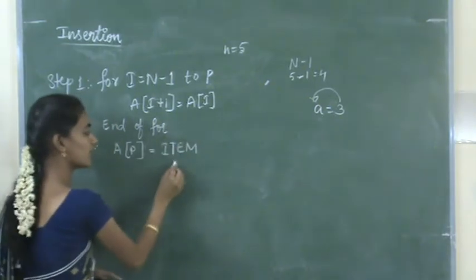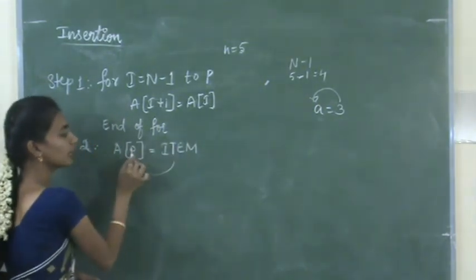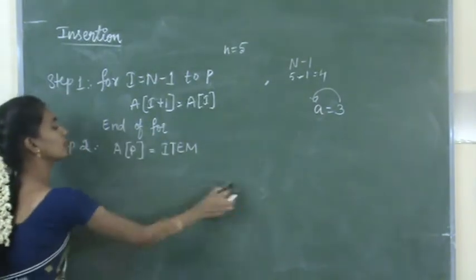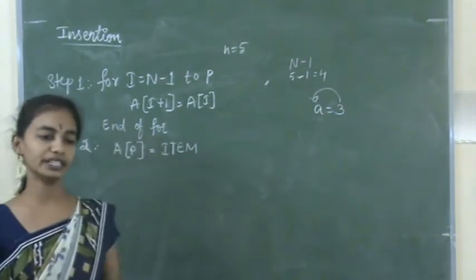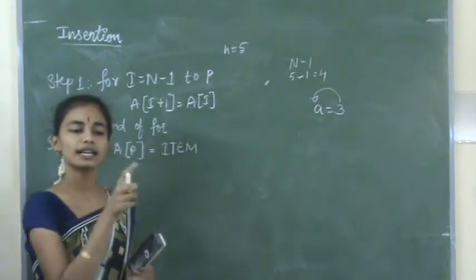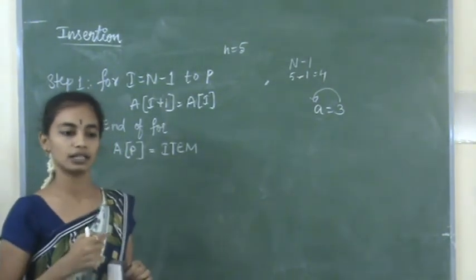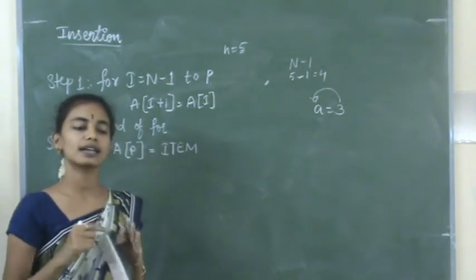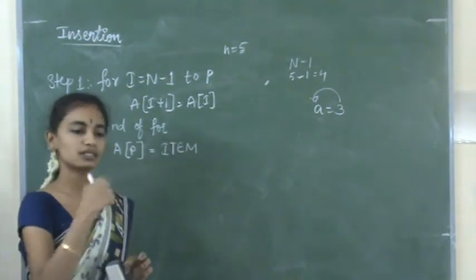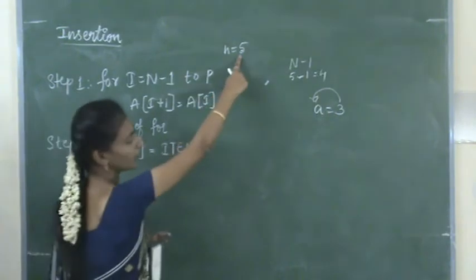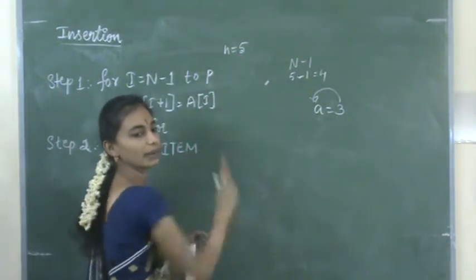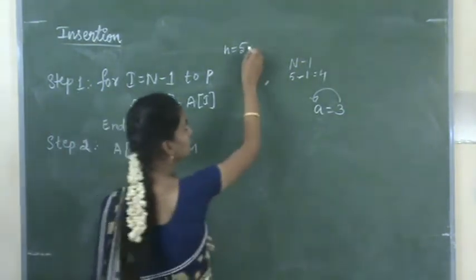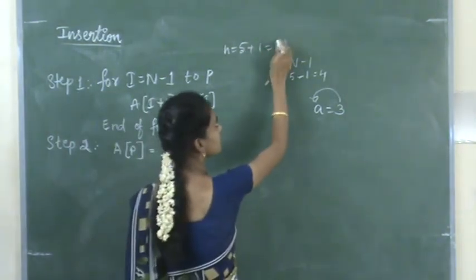If we are inserting one element into an array, the array size becomes plus 1, right? If n is 5 elements and we insert one more element, then n becomes n plus 1, that is 6, right?